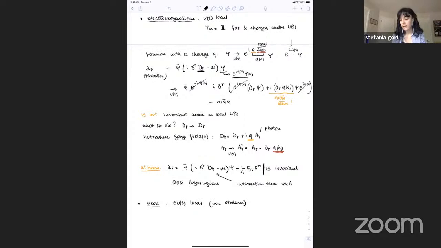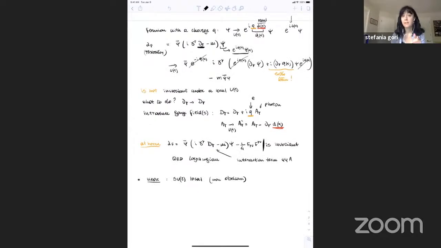Yeah, that's right. So this Q will be my coupling constant. If you think about an electron here, you will have just the electric charge, and this is telling you how strong is the interaction between your electron and the photon. Yeah, that's right. Does it answer your question? Okay.